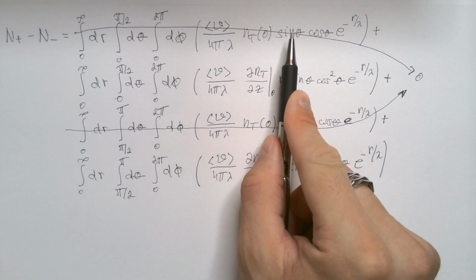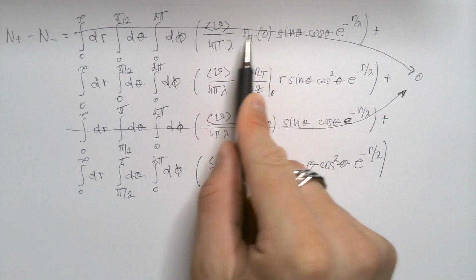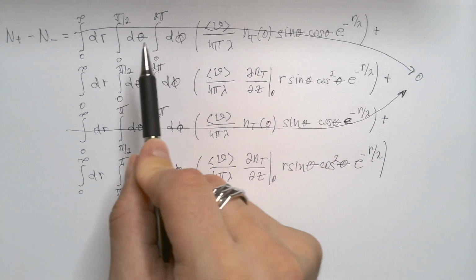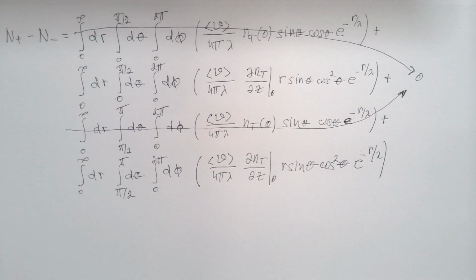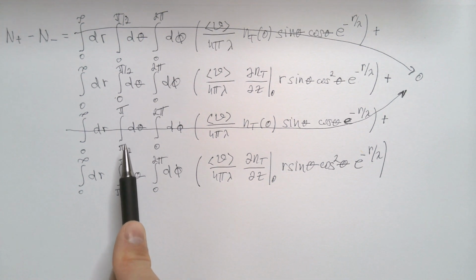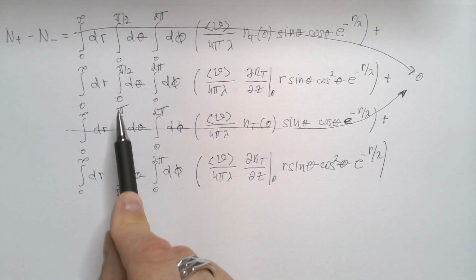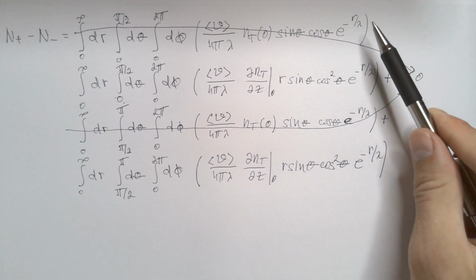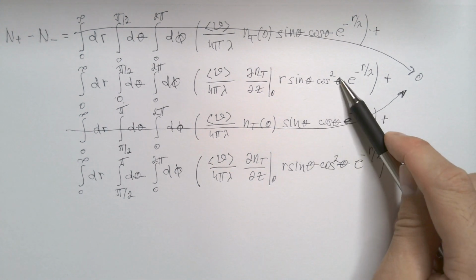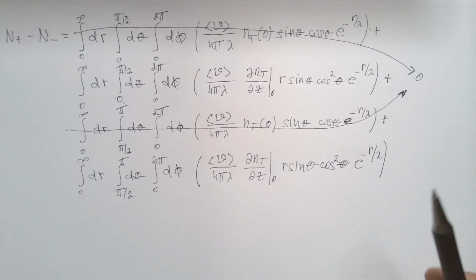Well, this integral with respect to theta, sine theta, cosine theta, with the limits between 0 and pi over 2 is 1. And this integral, the same integral, but in the limits between pi over 2 and pi, is negative 1. So 1 minus 1 will end up being 0. That leaves us with the second term and the fourth term that contribute to this subtraction.